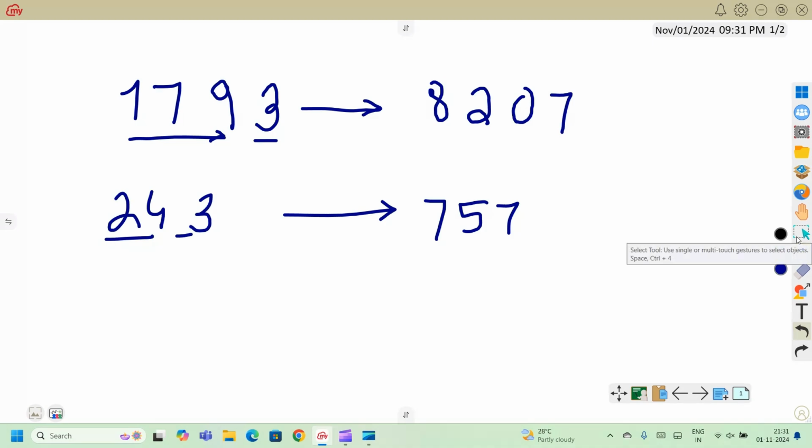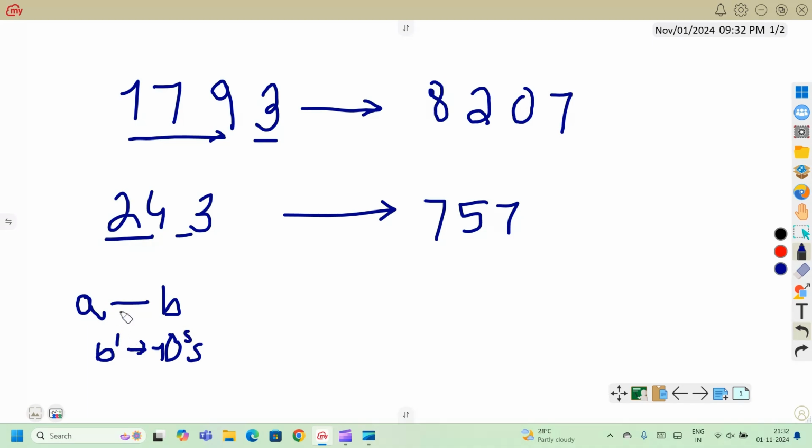And the interesting property of this is that in this particular class we will only demonstrate the special case, but I'm just mentioning what exactly happens. Suppose I have to do some a minus b, and suppose b complement, b bar, represents the tens complement. This is the sign for complement, the bar.